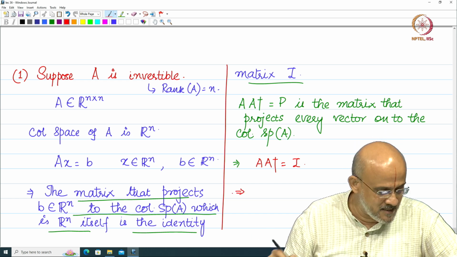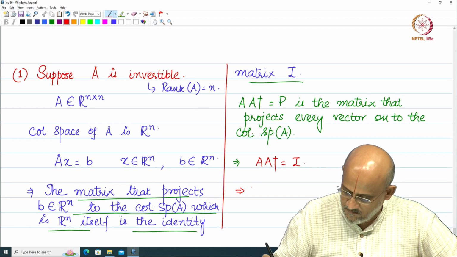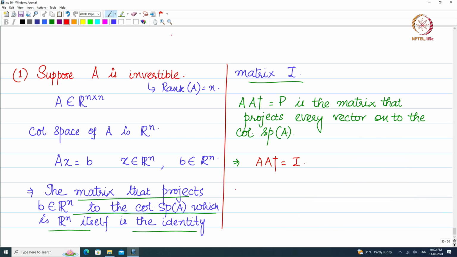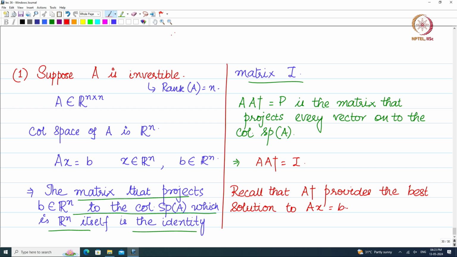So recall, the pseudo inverse A dagger provides the best solution to Ax is equal to B, and therefore in this case, A dagger is equal to A inverse itself.